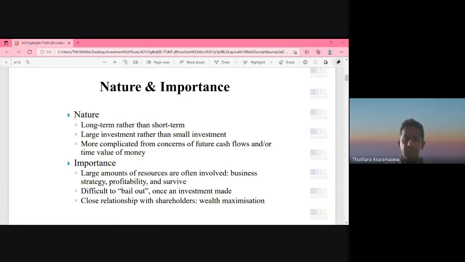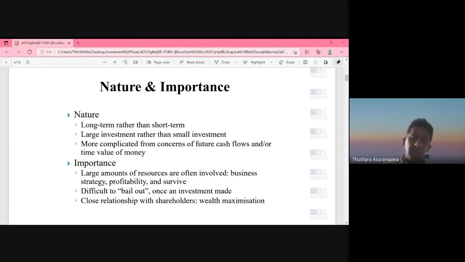Okay, so these are the nature of investment and the importance of investment propositions. You need to know. Sometimes the examiner would ask us, what do you understand by project financing? Why is project financing important? What's the nature, the features of the investment decision?